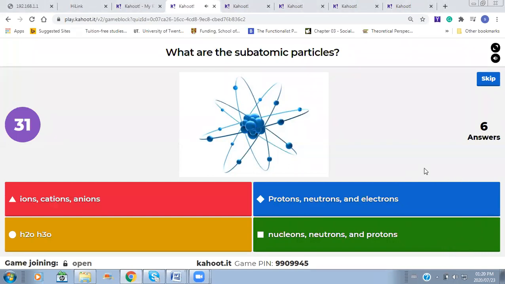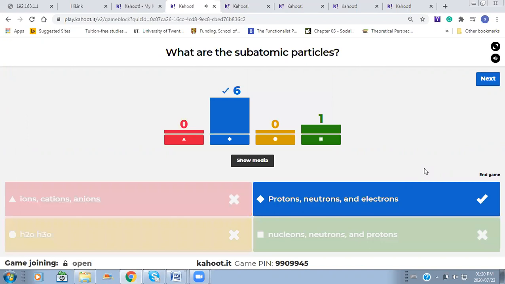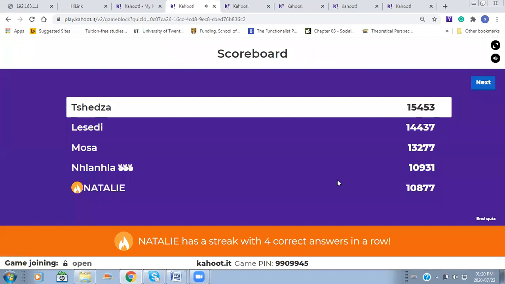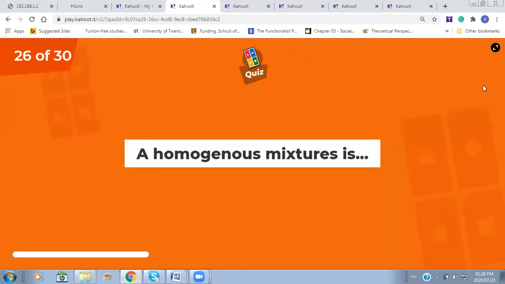Let's get going. Very good. Six people got this one right except one. Let's go on. Natalie now has a streak of 4 correct answers.